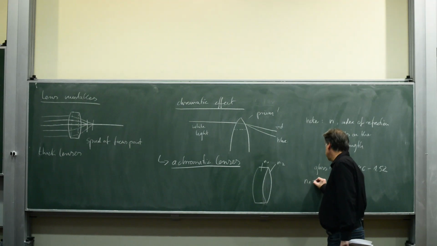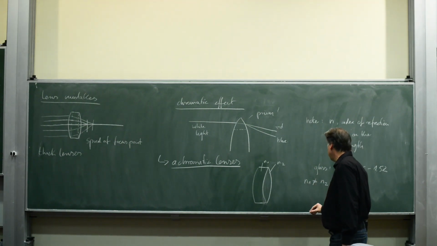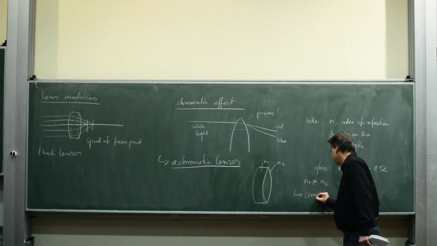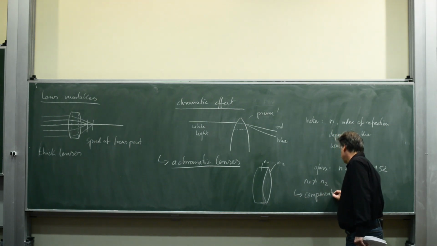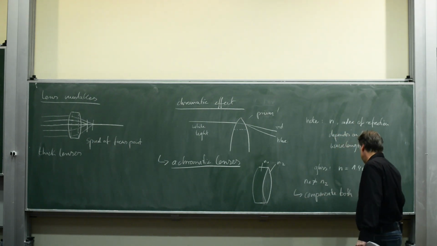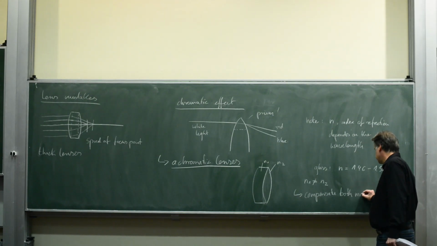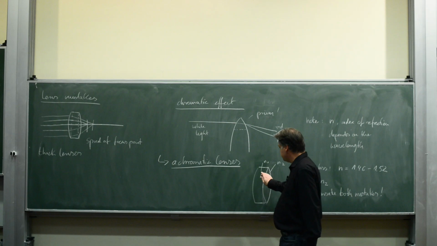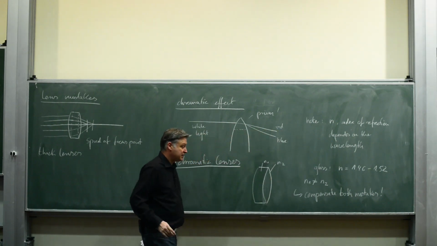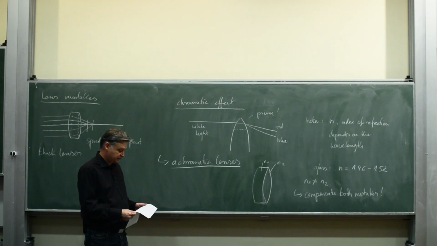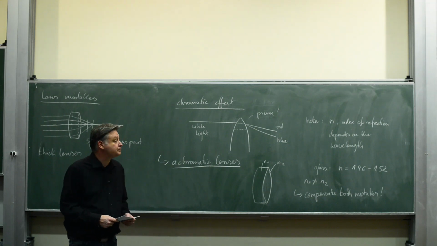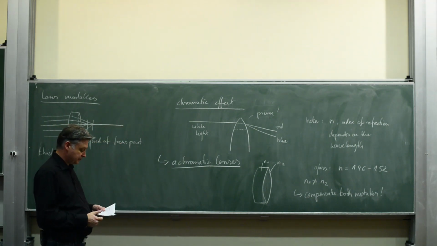So N1 is different to N2, and this is used to compensate both chromatic mistakes. The mistakes generated by the first lens is corrected and compensated by the second lens. So these are the fundamentals of lens rules.